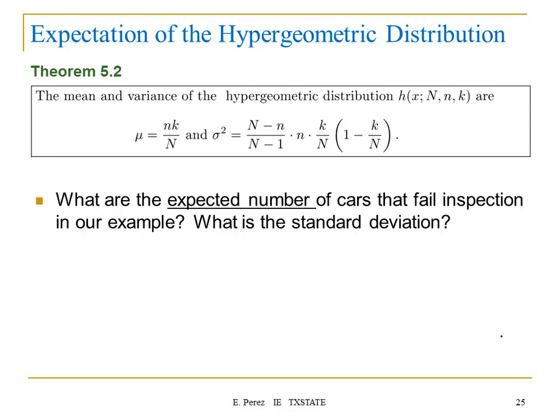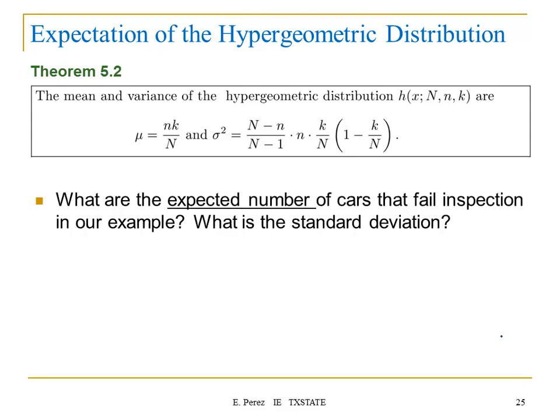We can also compute the mean and the variance for this type of distribution, and I'm not going to go through the derivation of such an expression, but here we have the mean or the expected value for the hypergeometric random variable, which equals n times K divided by the capital N, and we also have the expression for the variance.